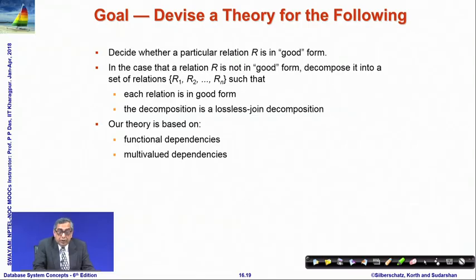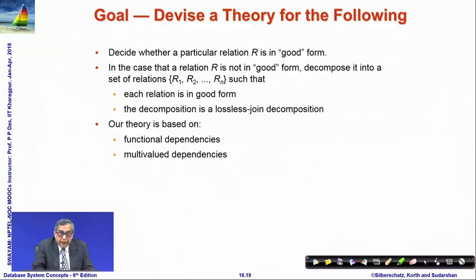What we need to guarantee is that each one of these relations R 1, R 2, R n is in good form. And how do I get back the original relation, the one represented by all the attributes in R? By taking a join, and this decomposition must give me a lossless join.